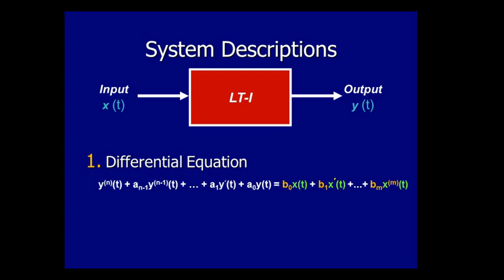Where we're heading next is another method for doing that same thing, for solving the system analysis problem using a different kind of description of the system, a different kind of input-output relationship, and a different method than solving the differential equation.